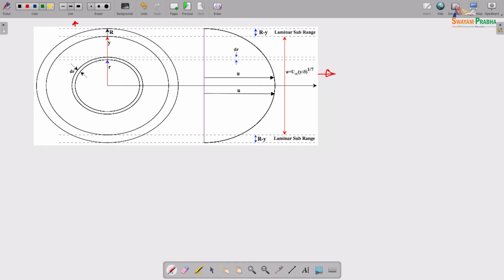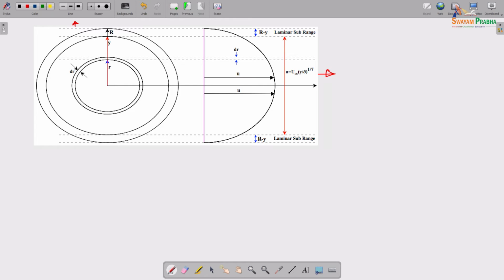Make sense? So that my 1/7 law is actually here. So u is equal to u infinity times (y by delta) to the power 1/7, and this is valid here.